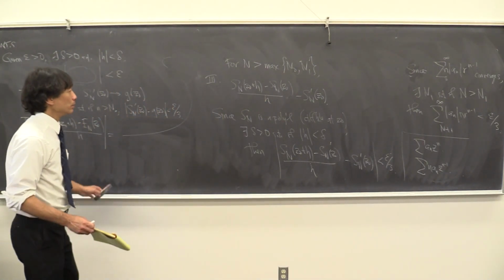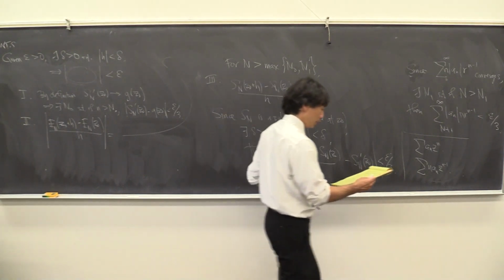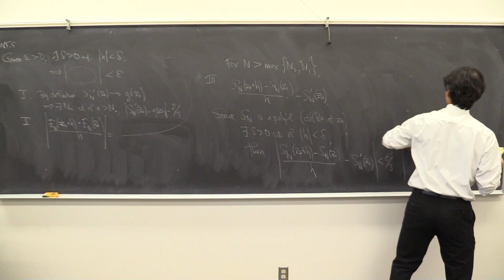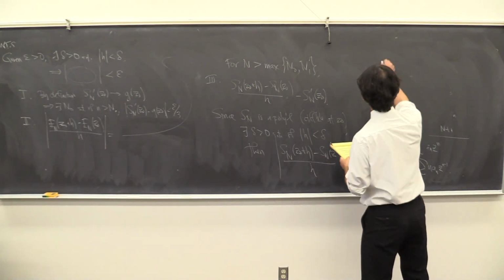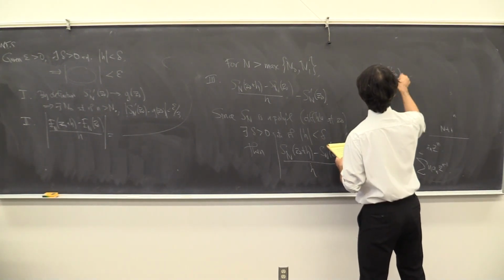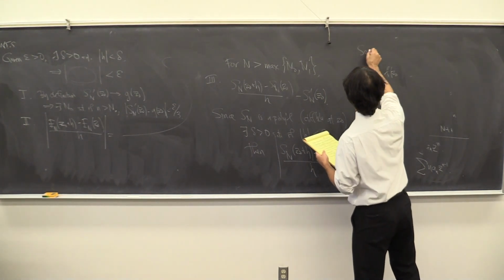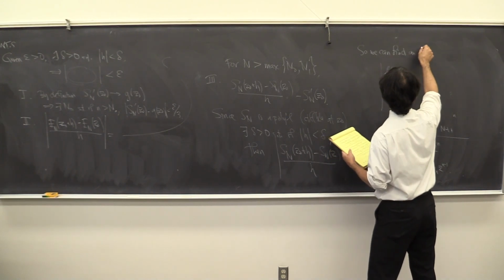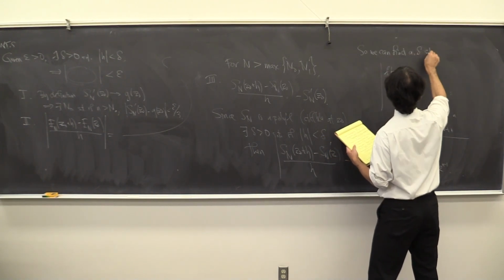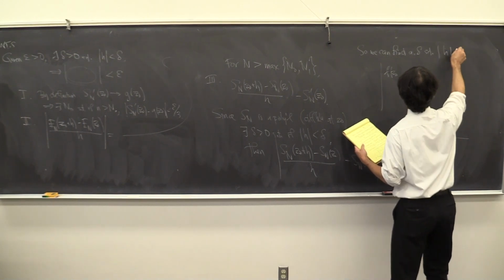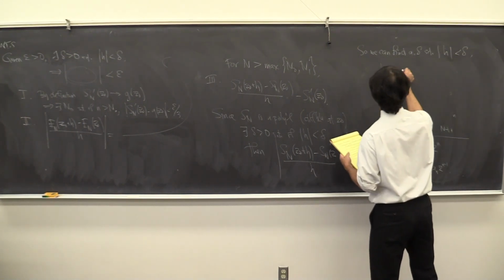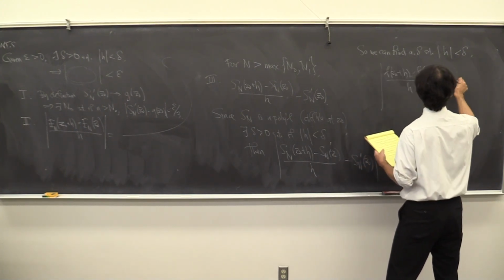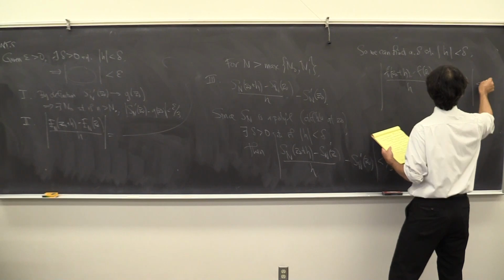Okay. So what does that give you? Altogether, that gives us that we can find a delta such that if h is less than delta, then this minus this is smaller than epsilon.